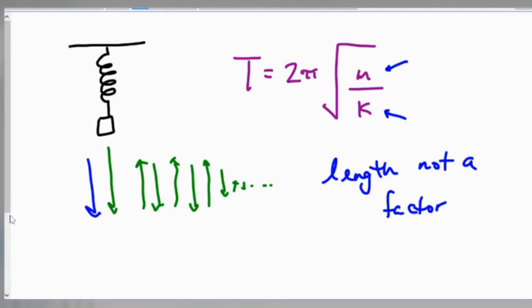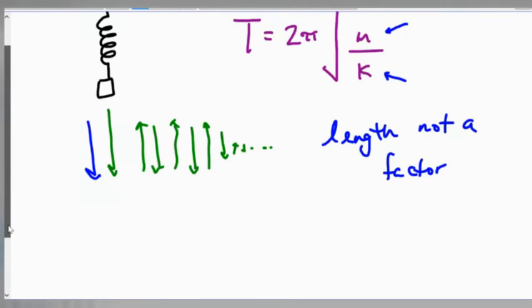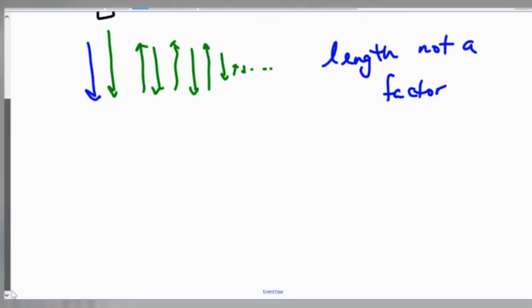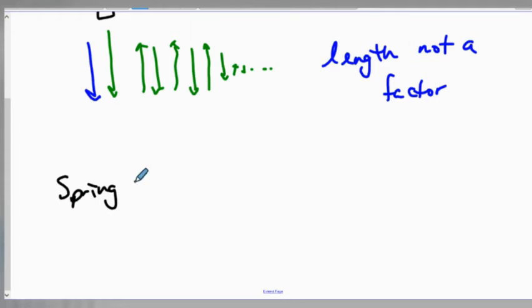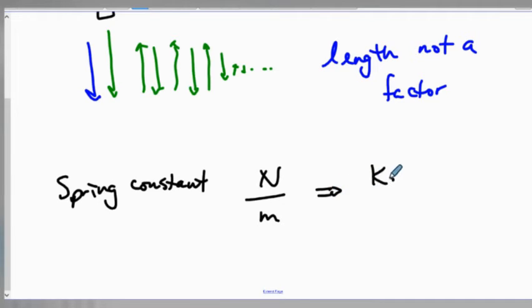Okay. I want to very quickly just look at some units for a second here. And we know that our spring constant has units of newtons per meter. I'm going to break that down. What is a newton? Well, a newton is a kilogram meter per second squared.